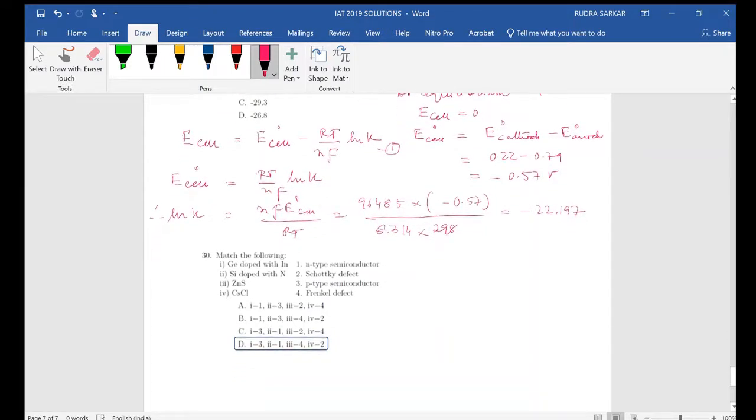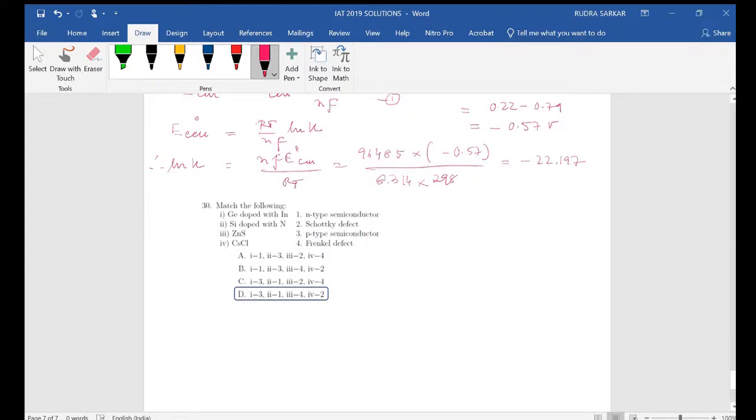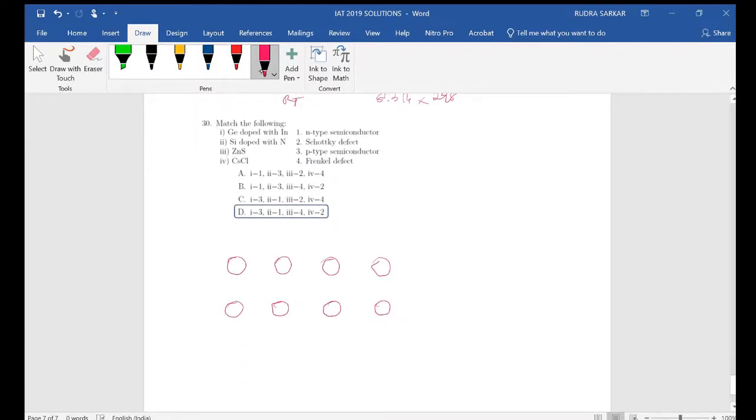Out here in this question, germanium doped with indium. Okay, so we have germanium, suppose like this. So these are all germanium.